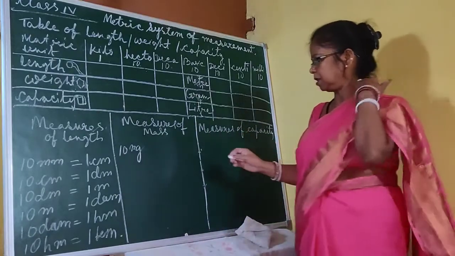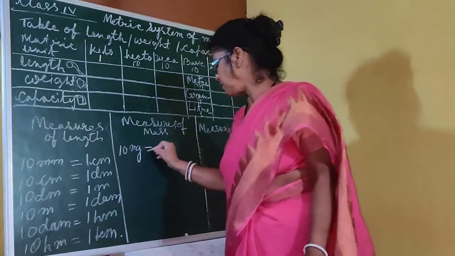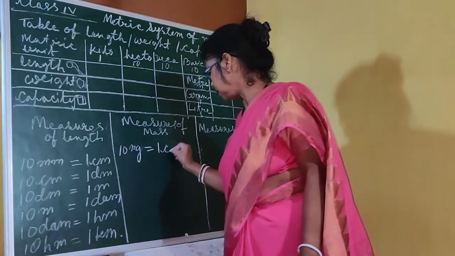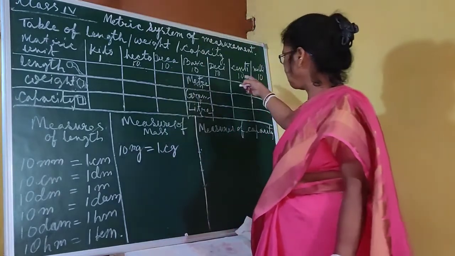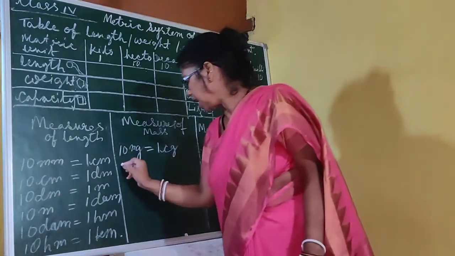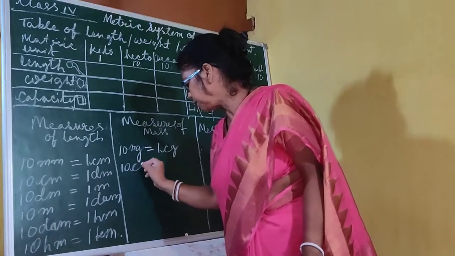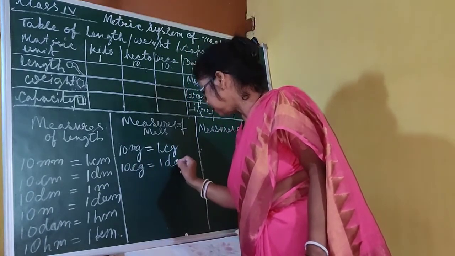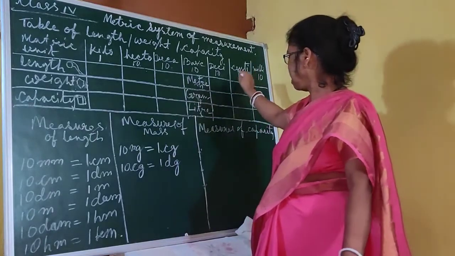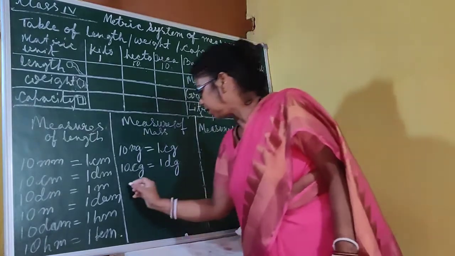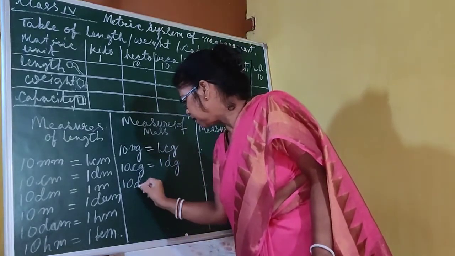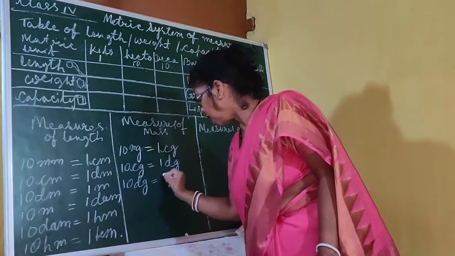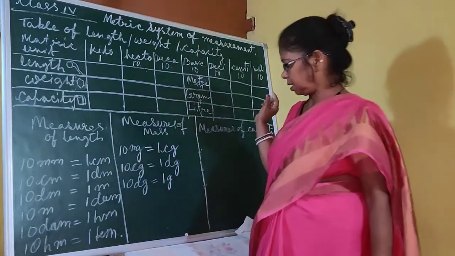So 10 mg, milligram, 1 cg, centigram. 10 centigram, 1 dg, decigram. 10 decigram, 1 gram, 1 g.